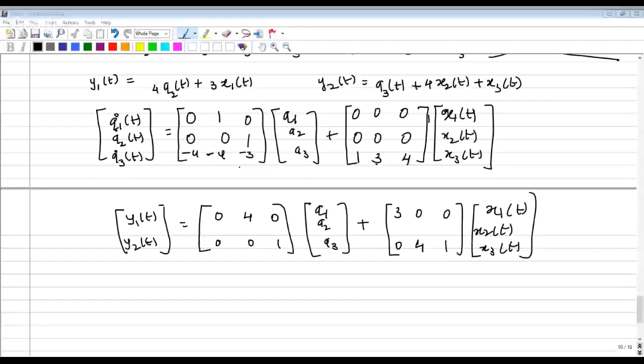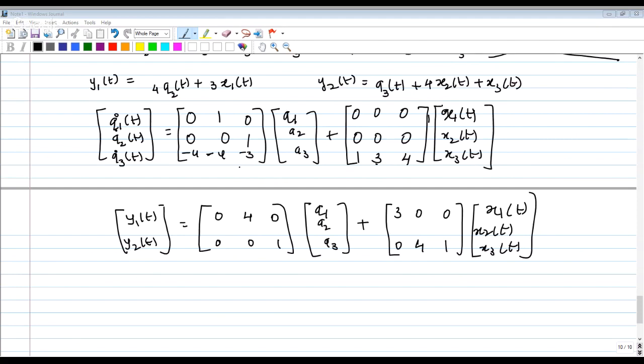Everyone understood? So this is how multiple input, multiple output representation works.